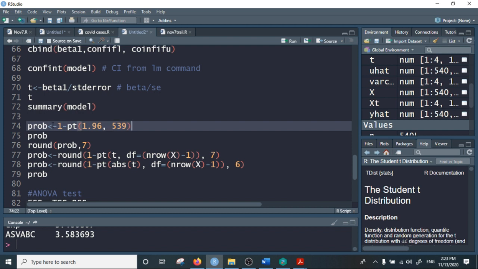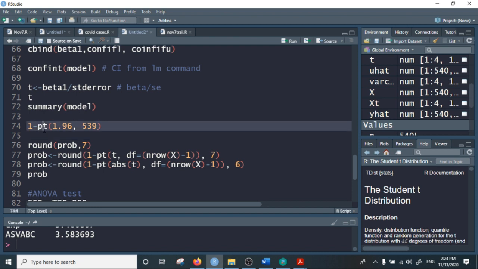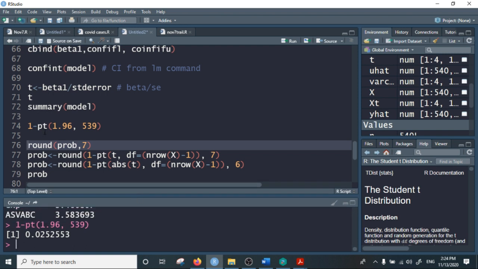So the relevant command is 1 minus pt. Pt means probability t, then the t value and the degree of freedom. If we enter this, the corresponding probability is 0.025.